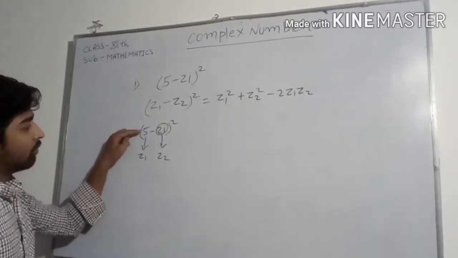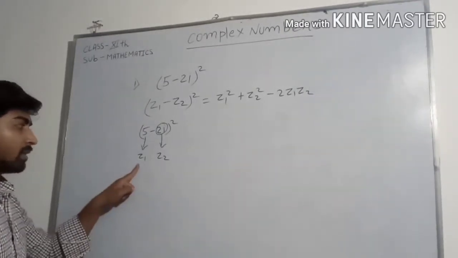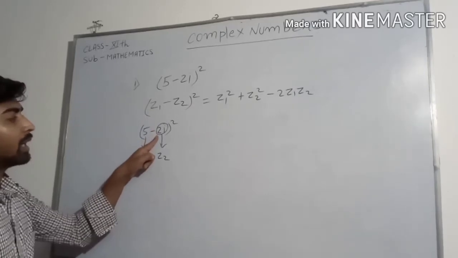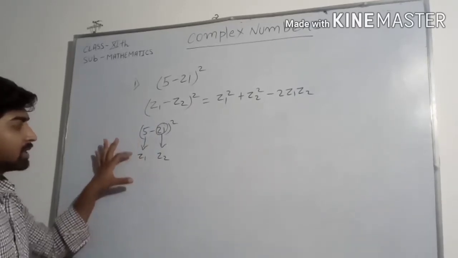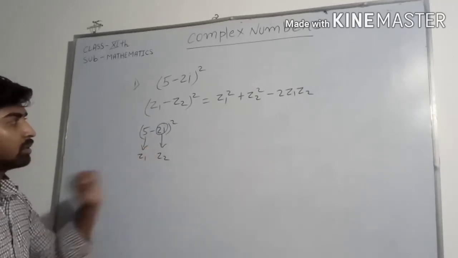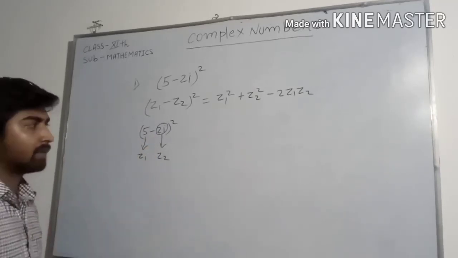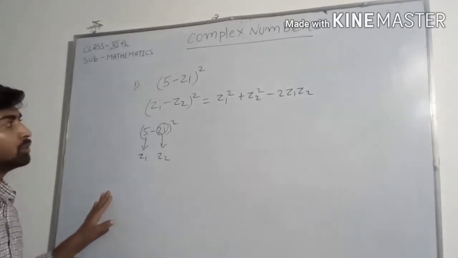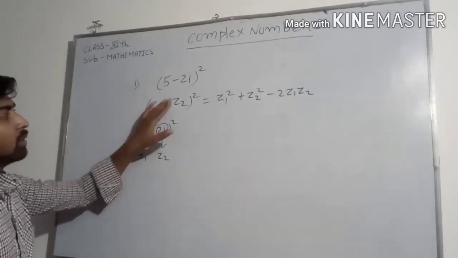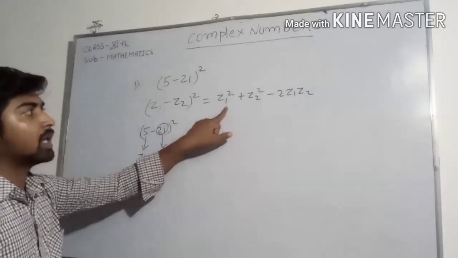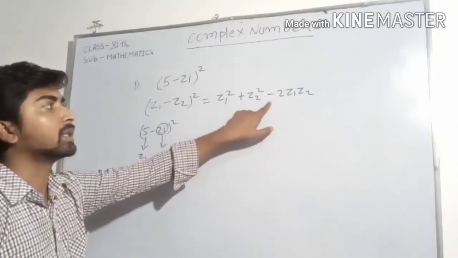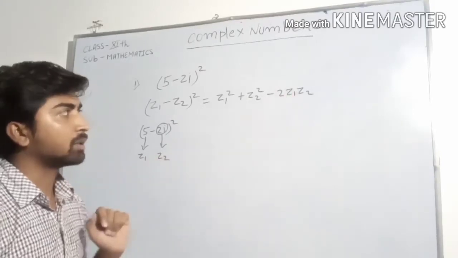So suppose 5 is Z1 and 2i is Z2, and then we will use the formula whole square of Z1 minus Z2 equals square of Z1 plus square of Z2 minus 2 Z1 into Z2.